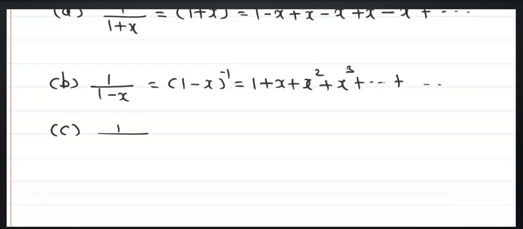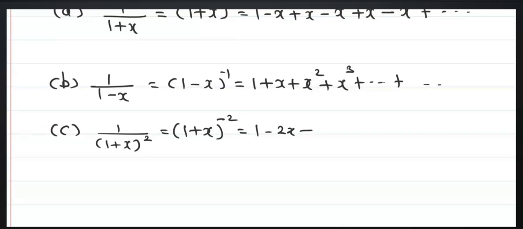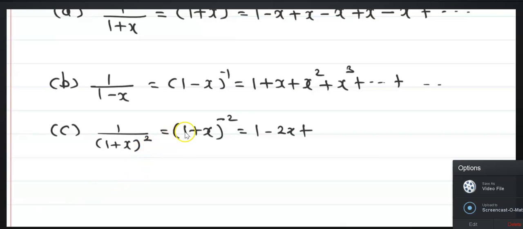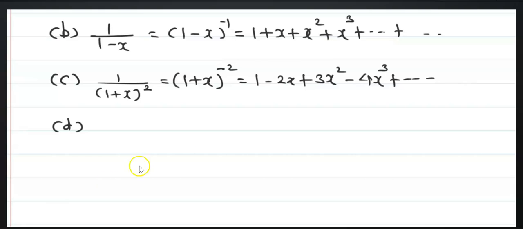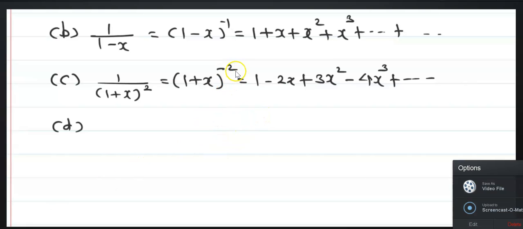Now the next one is 1 upon (1 plus x) whole square. Here 1 upon (1 plus x) square is equal to (1 plus x) raised to minus 2, and this can be written as 1 minus 2x plus 3x square minus 4x cube and so on. Again, the power is minus 2 and alternately the signs are plus minus in this way.